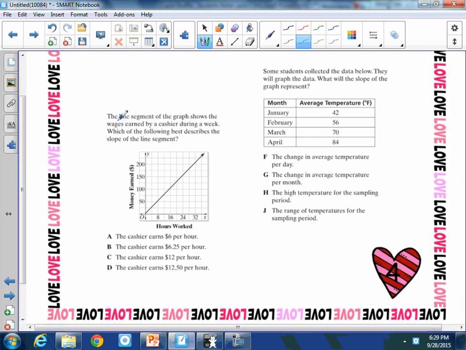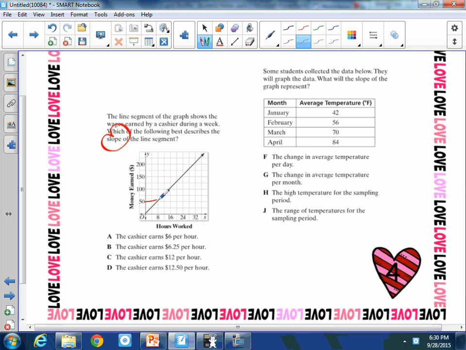Sorry. Okay, the line graph shows the wages earned by a cashier during a week. Which of the following best describes the slope? Okay, hours worked, money earned. So the cashier earns $6 per hour. Cashier earns $6.25 per hour. So I got to figure out the rate of change.